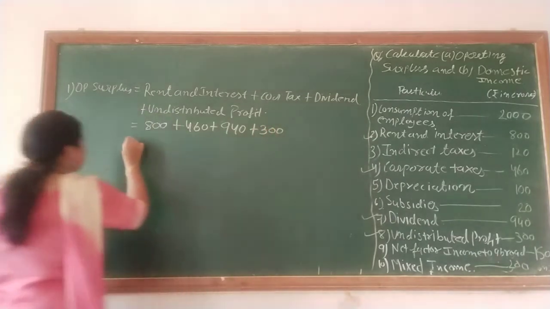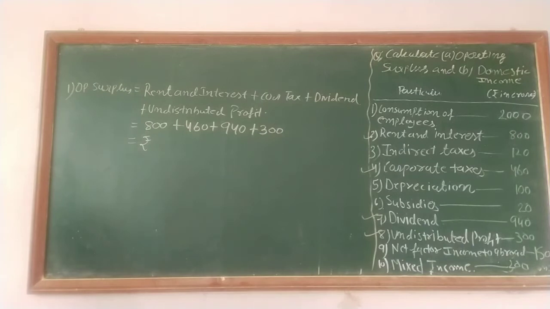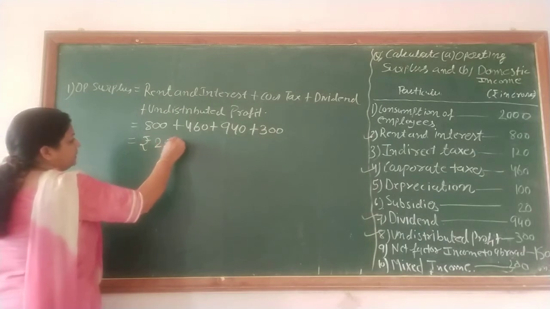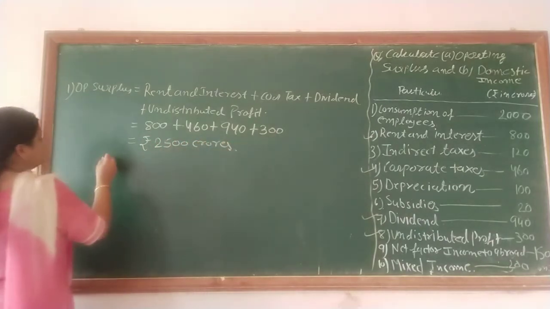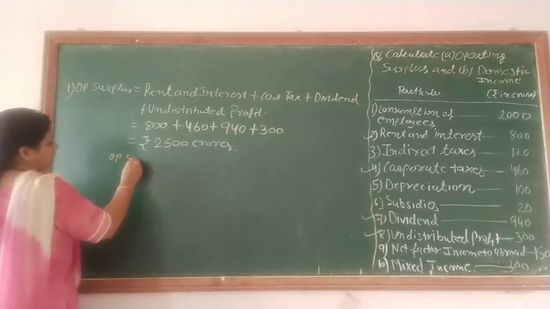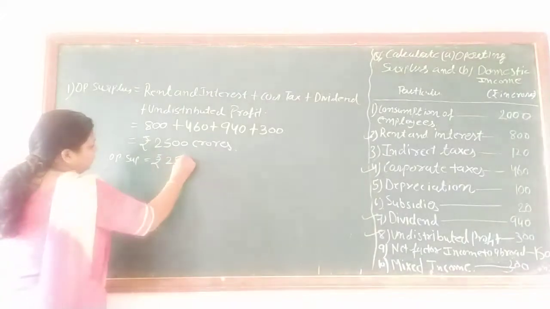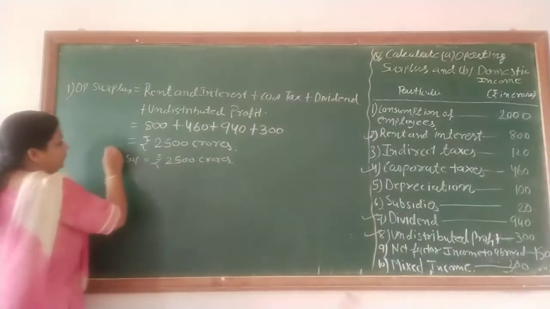Now add all this. Rupees 800 plus 460 plus 940 plus 300 equals rupees 2500 crore. So your operating surplus equals rupees 2500 crores. This is your first answer.